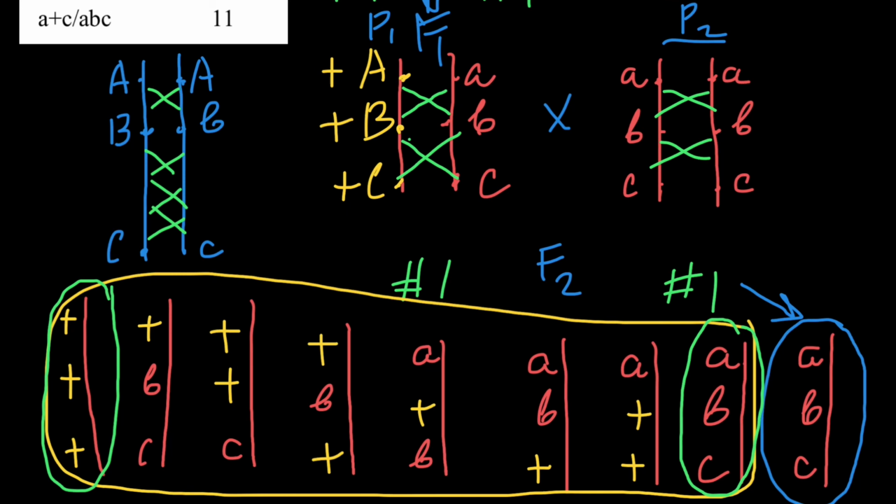If a probability of the crossing over between gene A and B would be 10%, so would be 0.10, and between gene B and C would be 20%, 0.2, then probability that crossing over would happen here and here would be a product of these two frequencies, so 0.1 times 0.2.